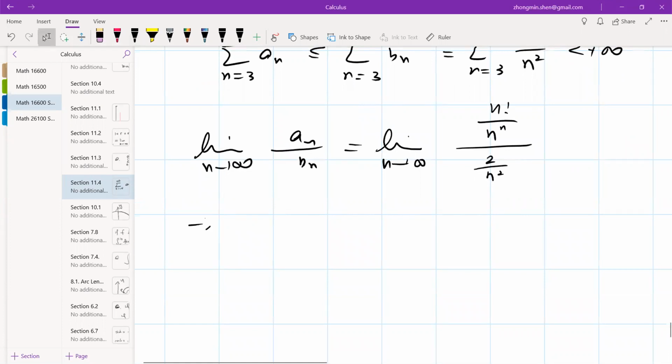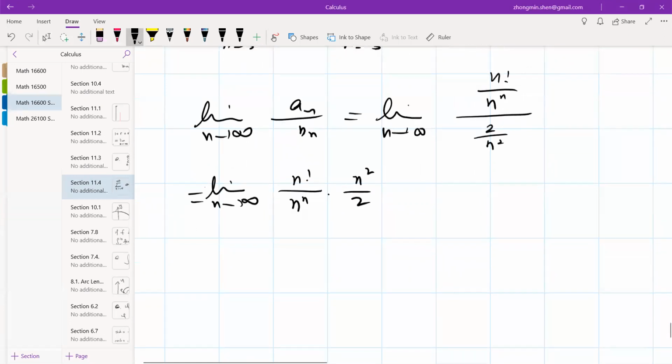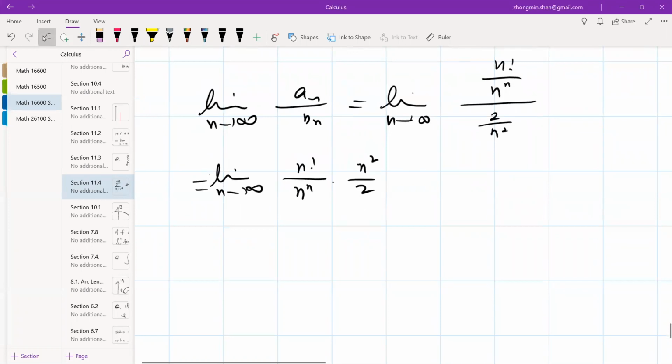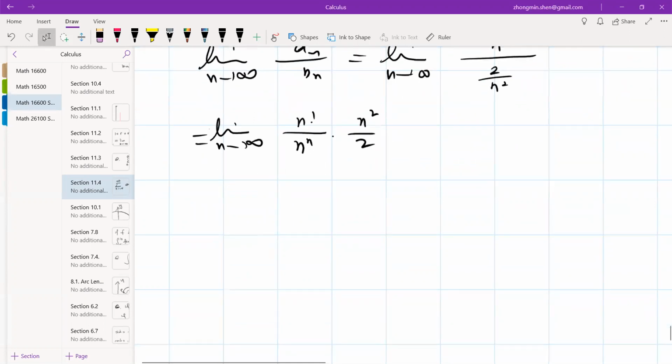But you still have to find out n factorial over n to the nth power times n squared over 2. Yes, you still need some kind of idea to prove this limit is going to be 0. Why is it 0?